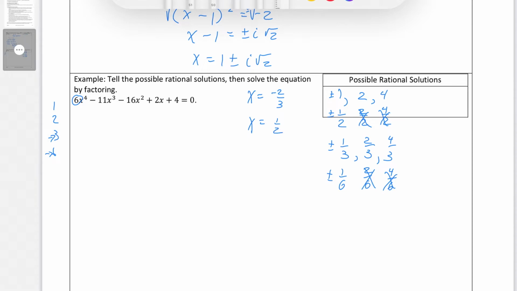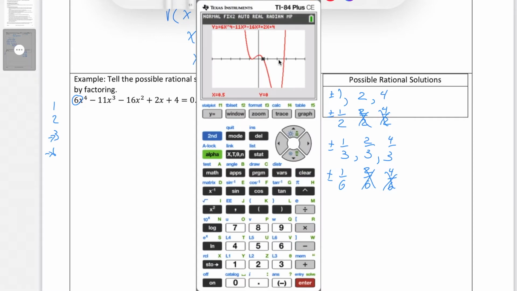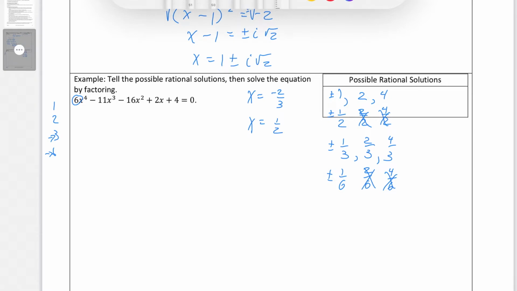Now, there is one other number that appears to be about a 2 point something, nearly a 3. Is there anything in my solution possibilities that would be around a 2 point something, nearly a 3? There is not. So I'm done with that work. I don't need to look anymore, but I have made the notes that I need to make.